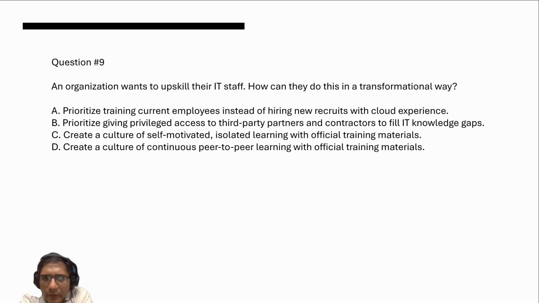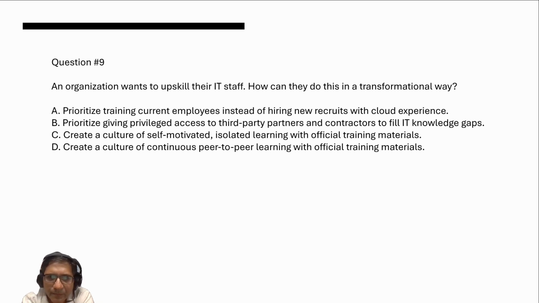So if you want to train, what are your options? Option C and D both are talking about training. Option C says do it self-motivated in an isolated learning format. Option D says do continuous peer-to-peer learning with official training material. One thing which, if you're new to these exams, I feel is a good indicator in this question is the official training material.